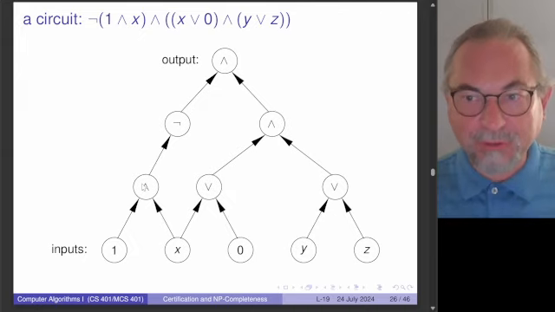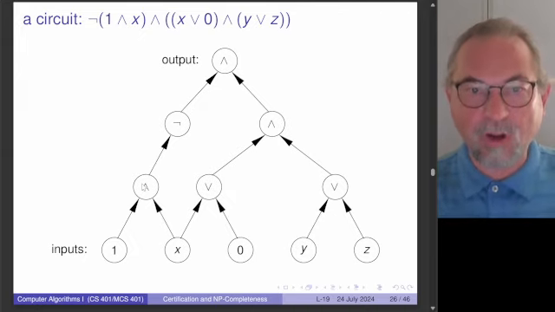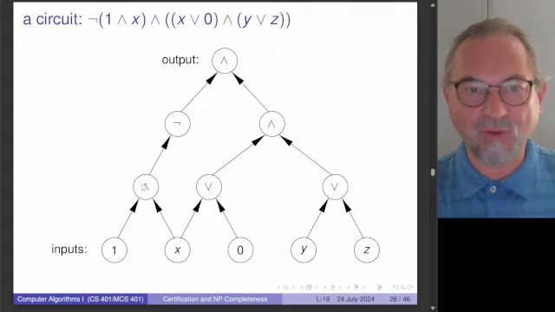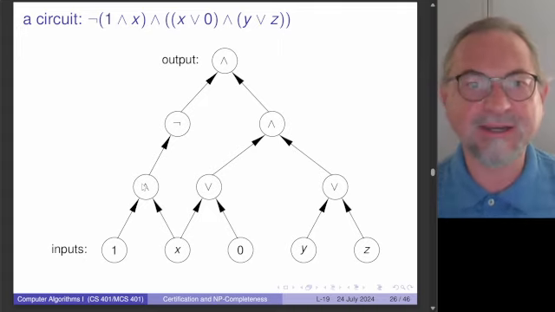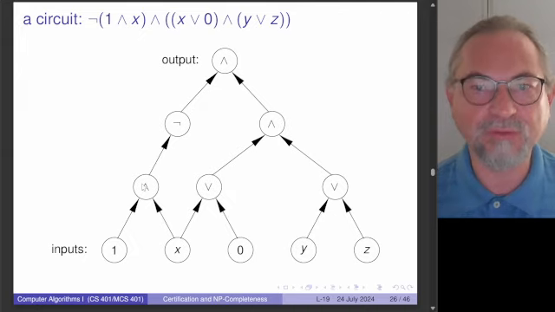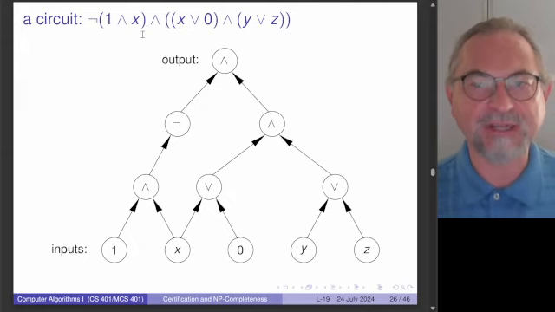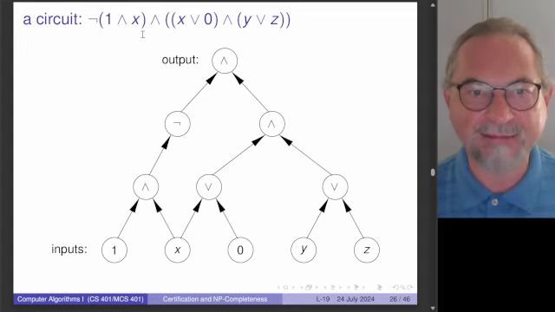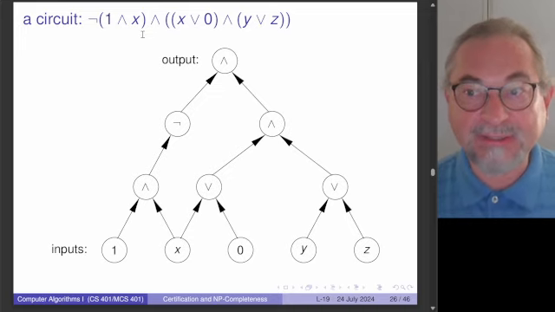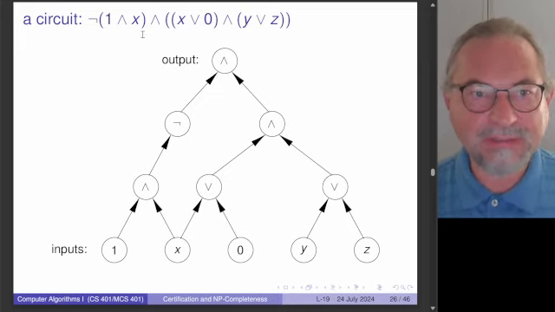So there are multiple inputs, but there is only one output. So all the way on top, we have the node which will be the final operation that is performed, and that is the AND operation here in this example. So this is an example of a circuit.